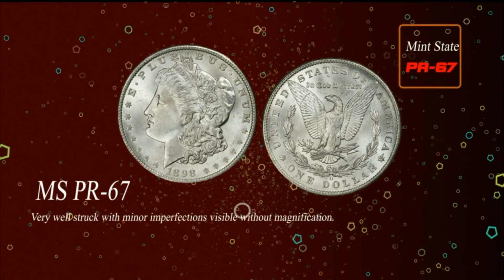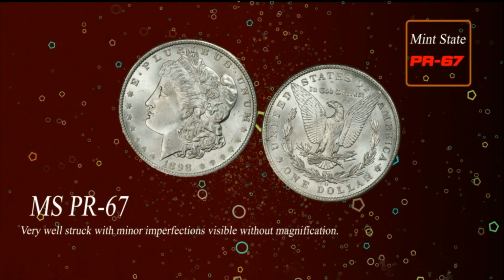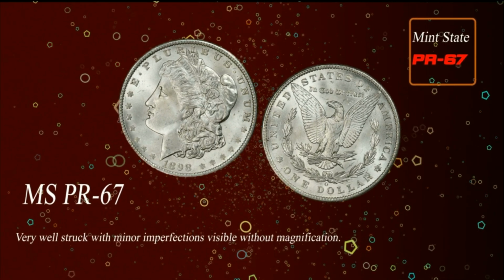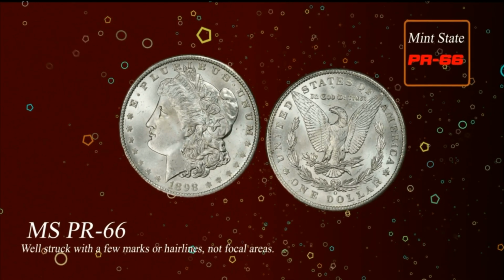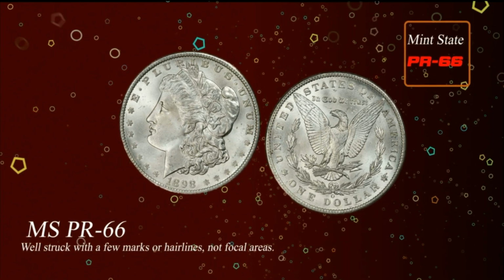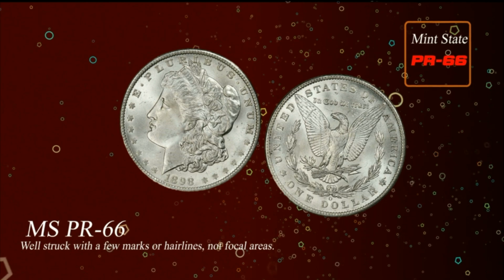Mint state PR67. Very well struck with minor imperfections visible without magnification. Mint state PR66. Well struck with a few marks or hairlines, not focal areas.